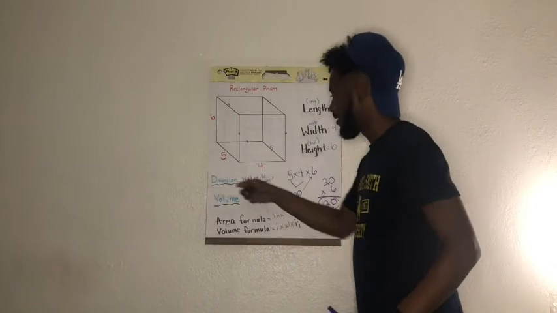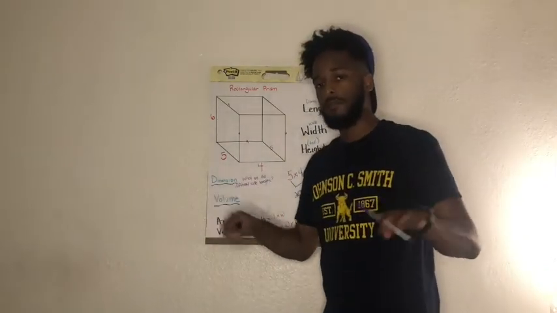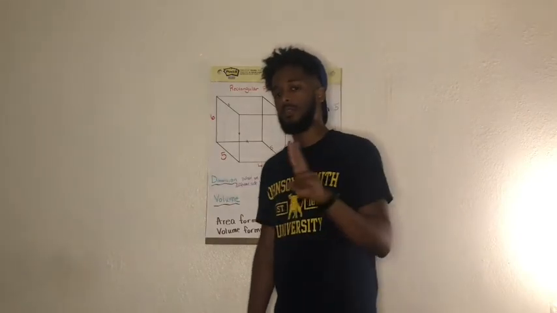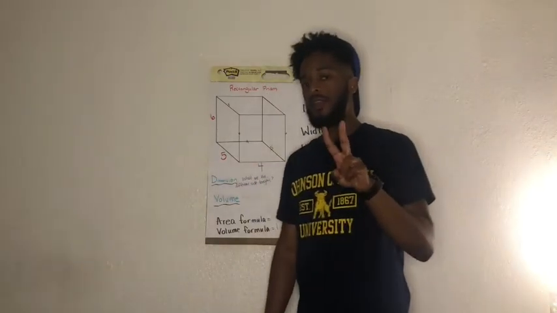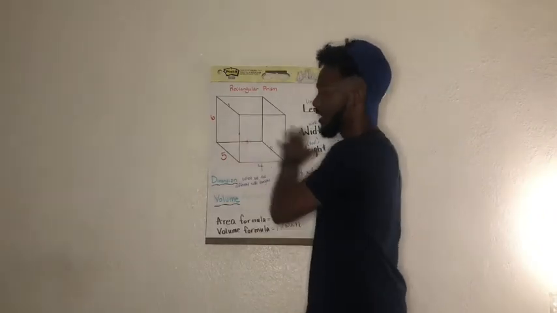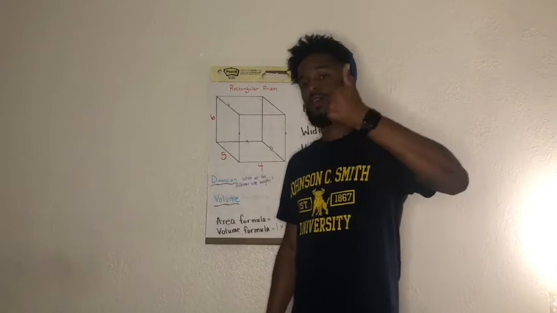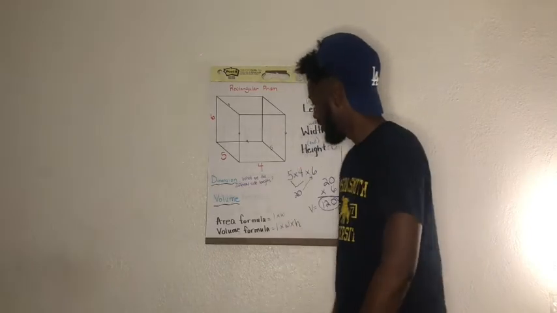Dimension answers that. What are the different side lengths? If it's a flat surface, right, we only have a length and a width. 2D. If it's a 3D surface, or a 3D figure like the one that we see in front of us, we have 3 dimensions: length, width, and height.